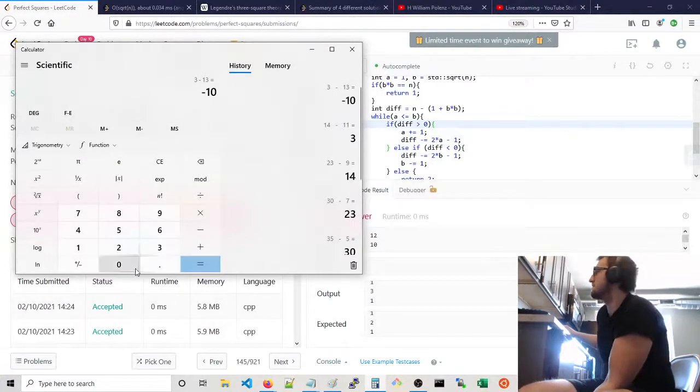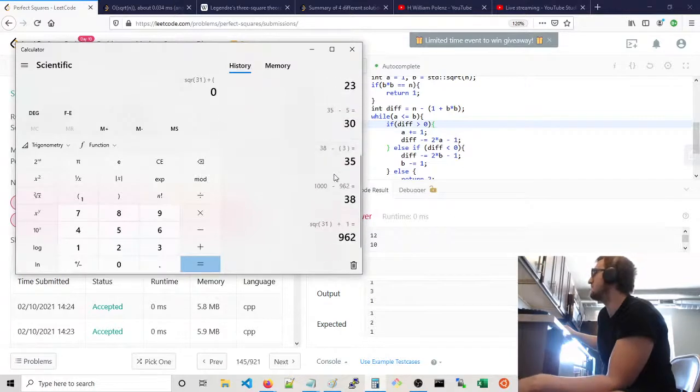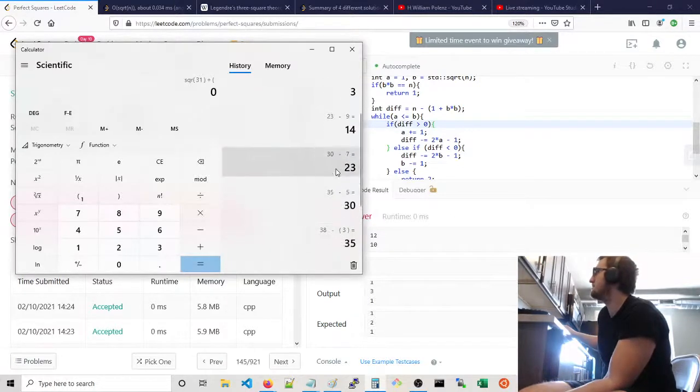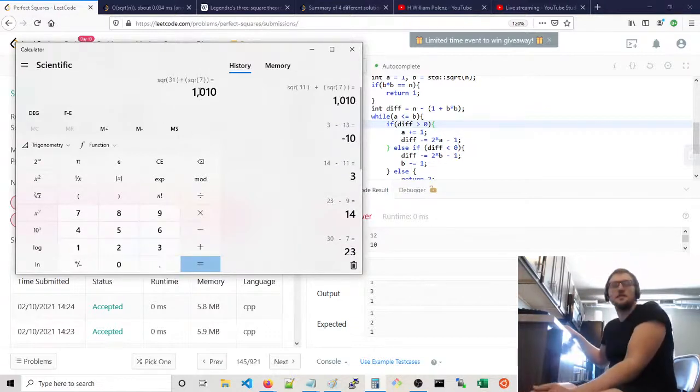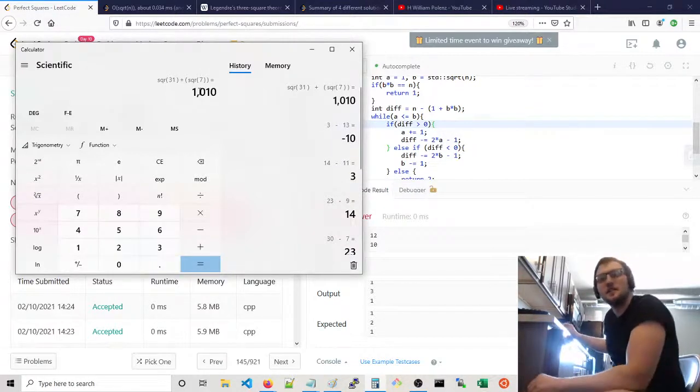This perfect square, this is 31 squared plus how many did we go? 1, just 2, 3, 4, 5, 6, 7. 7 squared. By the way, I would not be able to get here in an interview.